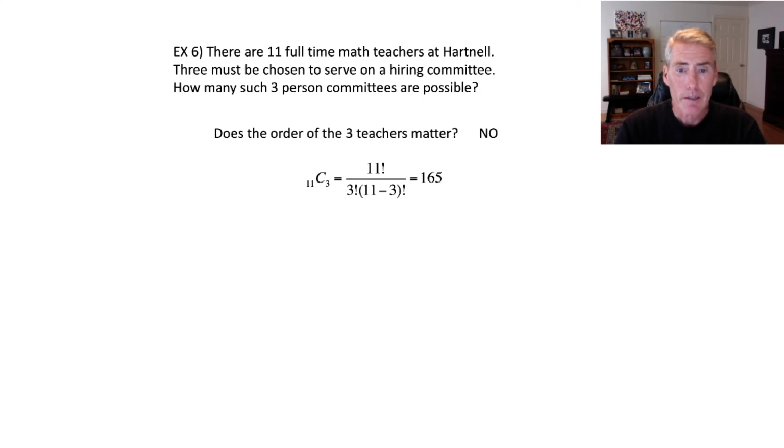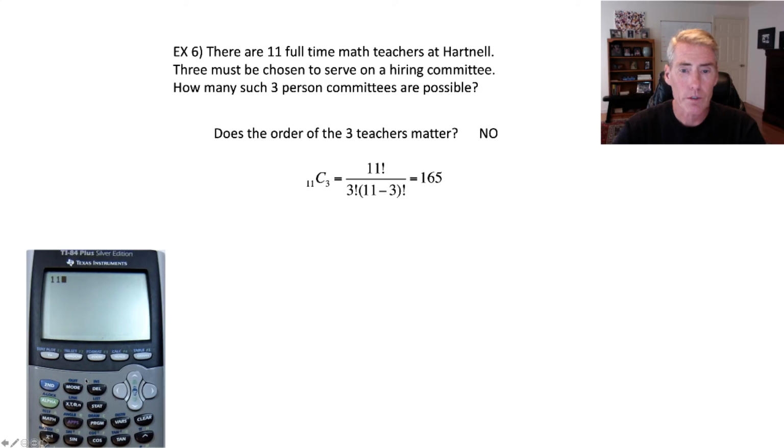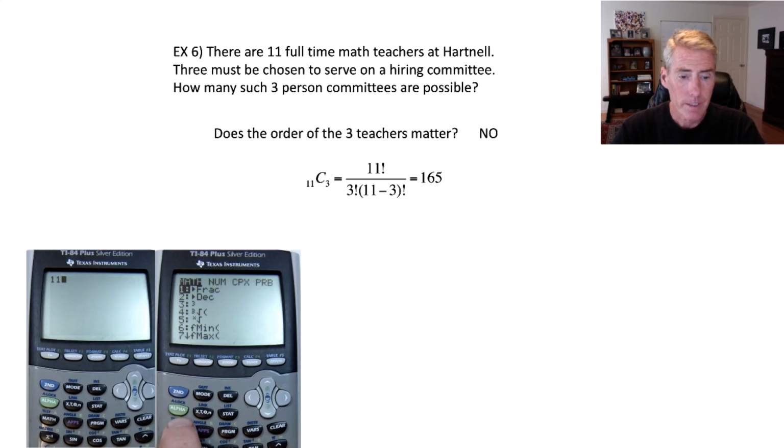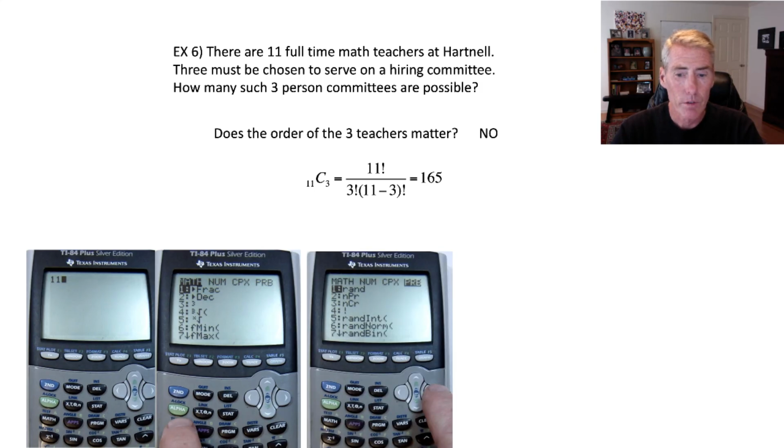So that means that we can use combinations. So you could do the formula like I did right here, or you could use the calculator. So you would start with the bigger number 11, then go to math, move over to probability.